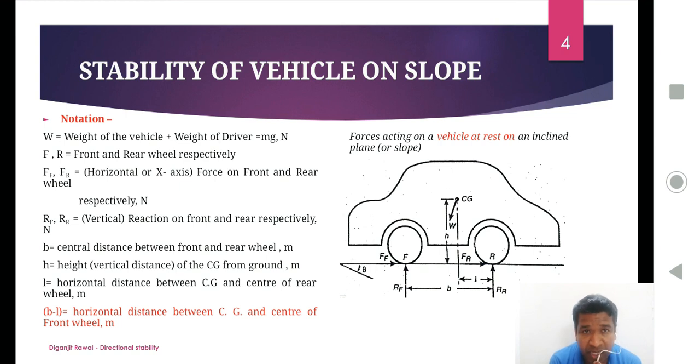B is the center distance between front and rear wheel in meter. H is the vertical height of the CG from the ground in meter. L is the horizontal distance between CG and center of rear wheel in meter. B minus L is the horizontal distance between CG and center of front wheel in meter. These are the notations required to derive stability of vehicle on slope.